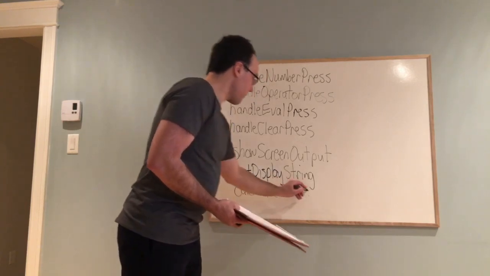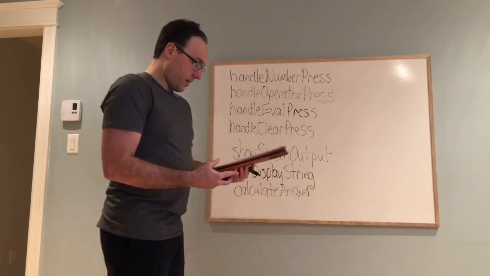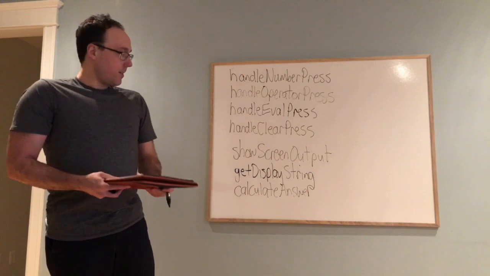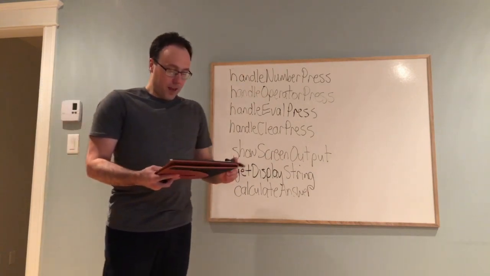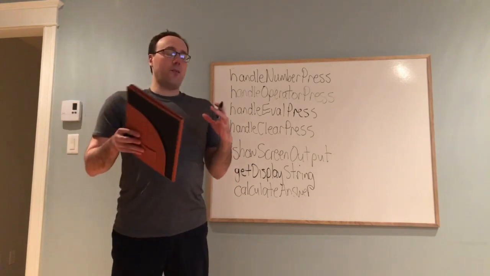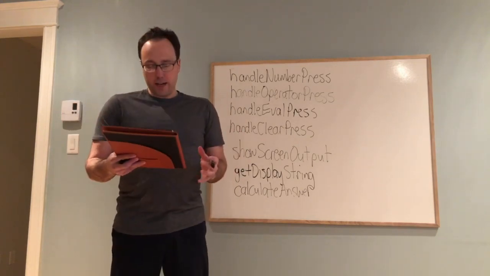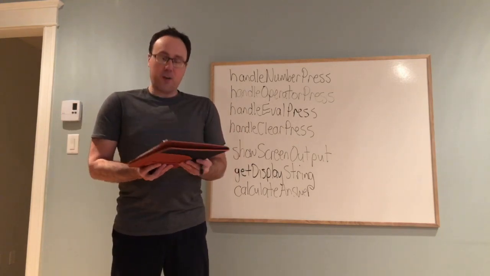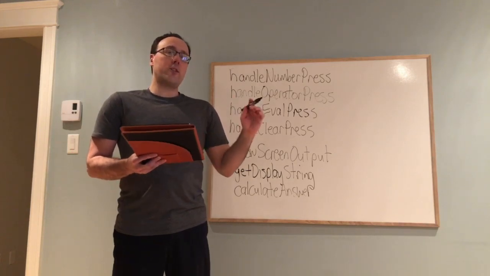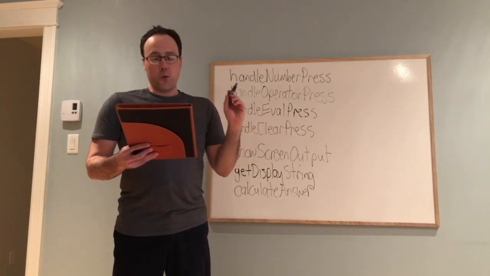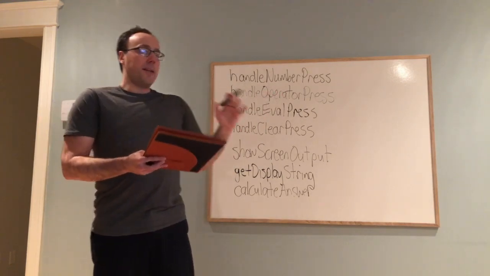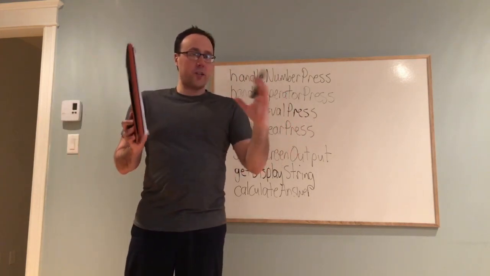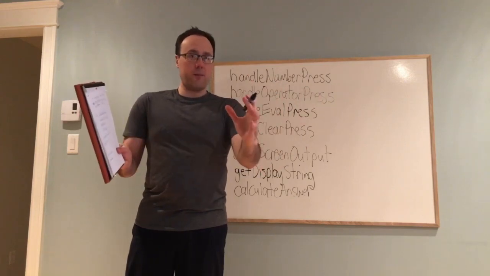answer. All right. There's only one more left, and this is probably the one tricky function to write. Basically, this function is going to handle the situation where someone has pressed an operator, and we now know that the person is done entering the previous number.